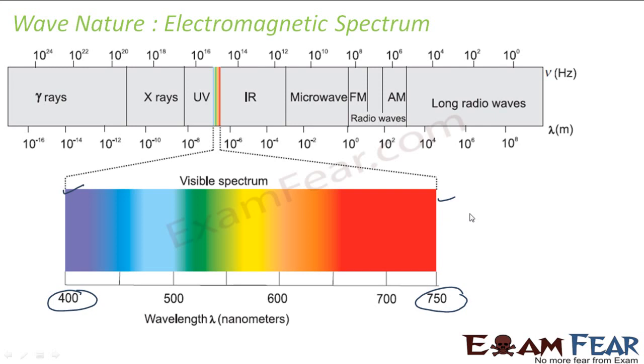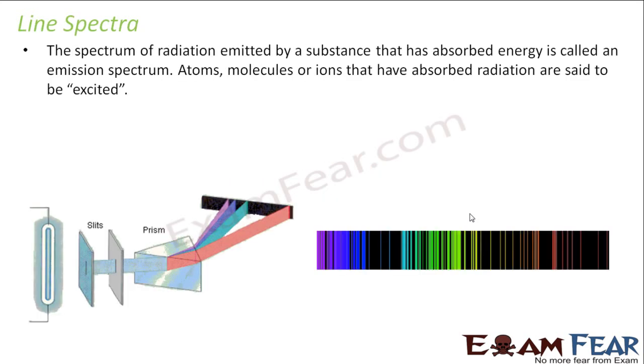With this we also know the line spectra concept. If there is an atom and you put some light on it, the electron goes to a higher excited state and comes back. When it comes back, it emits light, and because it emits rays of this range, 400 to 750 nanometer, sometimes, you see the line spectra.